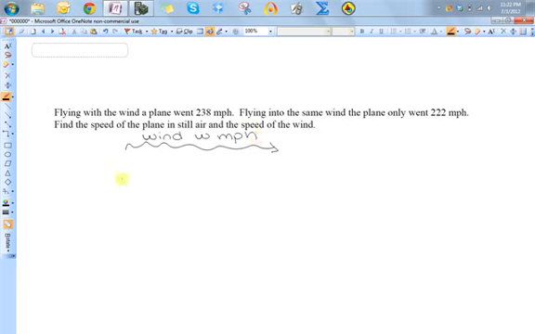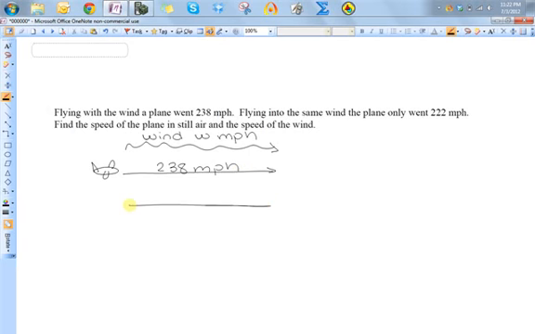On the trip with the wind, the plane goes 238 miles per hour. So this is the plane. I'm going to do a not incredibly great drawing of a plane. When it's going in the same direction as the wind, it does 238 miles per hour.